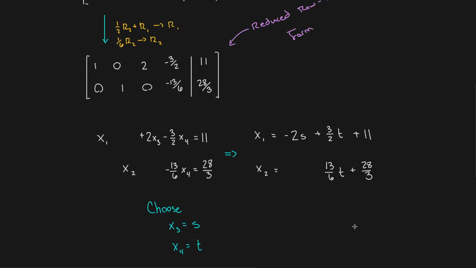Okay, so I have x1 and x2 in terms of my free variables s and t. I'm free to choose s and t to be whatever I want. I could choose s to be 17, I could choose t to be 1043. But then x1 and x2 have to follow this pattern for whatever s and t you choose.